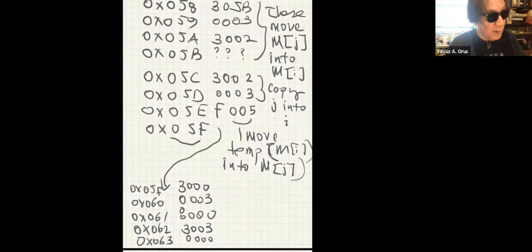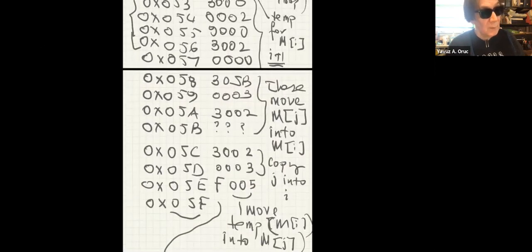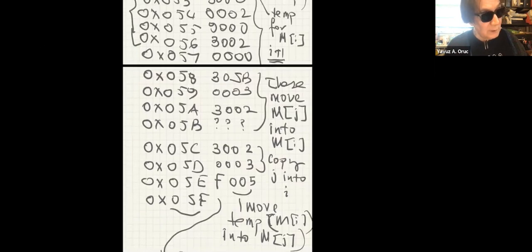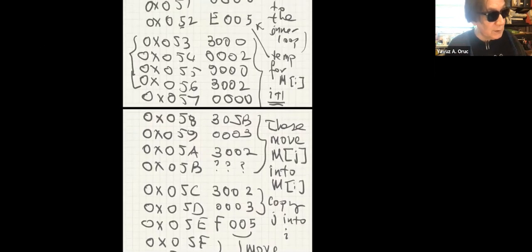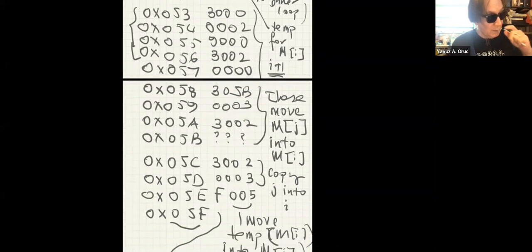The only issue now in my mind is I didn't actually save the value of I. Do you see that, everybody? When I moved that J into I, I may have just destroyed it. Do you notice that? I should not have done that. I should have actually saved that I before I moved that J into I.